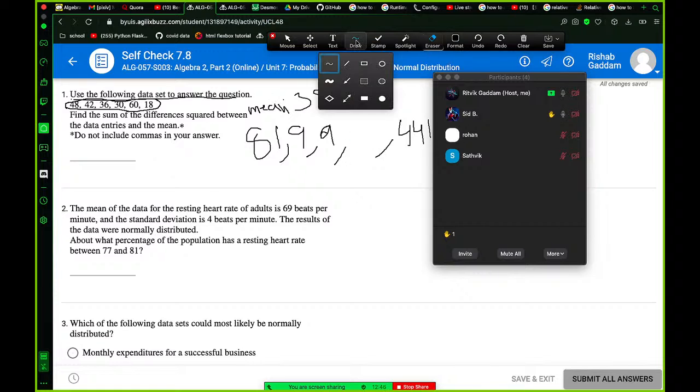Wait. 81, 99. Oh, that's 81. Are you sure? The difference between 60 and 39 is not 9. No, 30 minus 39, that gives you 9, and then you square that, it gives you 81.